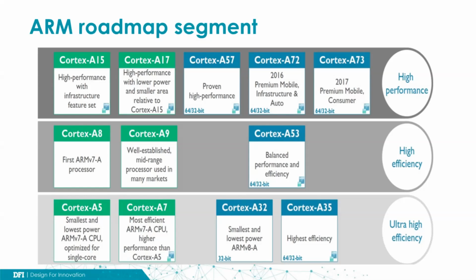In the mid-range, we call it high efficiency, the Cortex A53. For power saving or battery applications, they will choose the ultra-high efficiency CPU core option, like the Cortex A35. Now you know the basic ARM CPU core segments. Then we'll move into the i.MX CPU product roadmap.